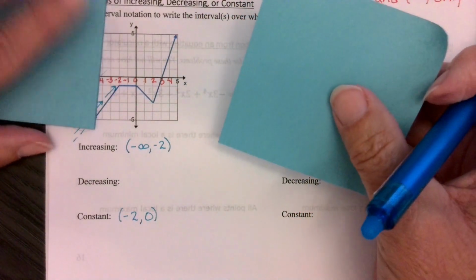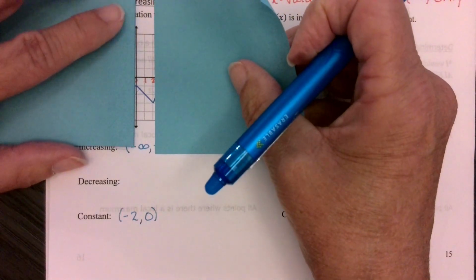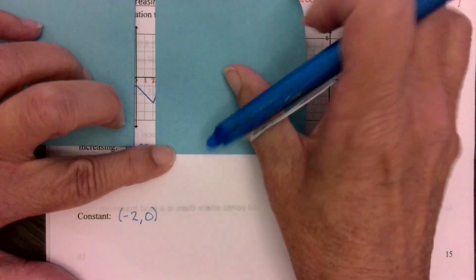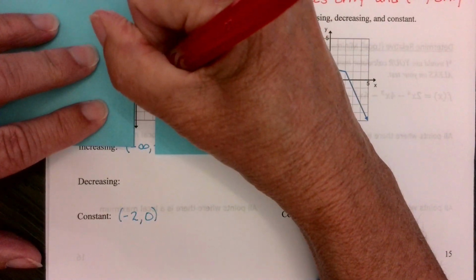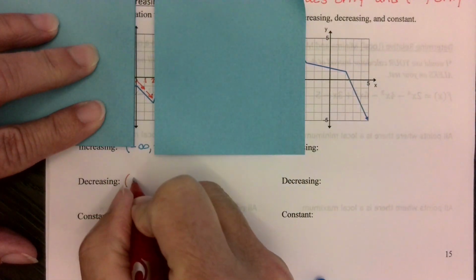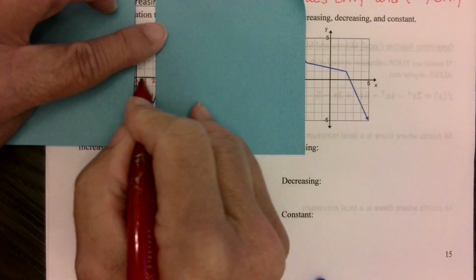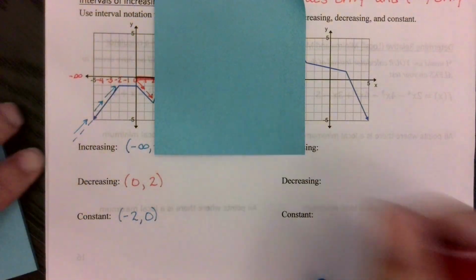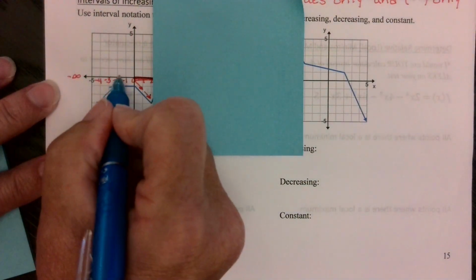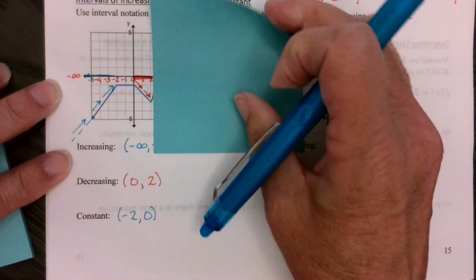Okay, so right here it is going to go down between x being 0 and 2. It decreases. So it's decreasing from 0 to 2. Again, we're only talking about this part right in here. It's kind of like my increasing was this part right in here, because it's x values only.